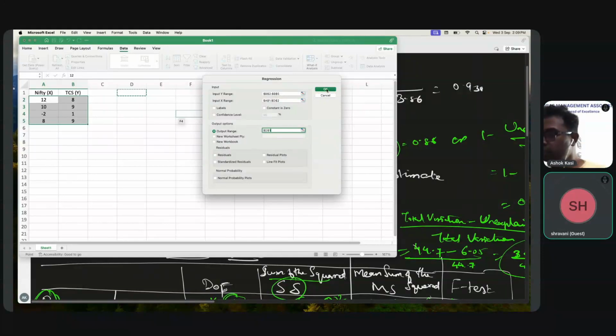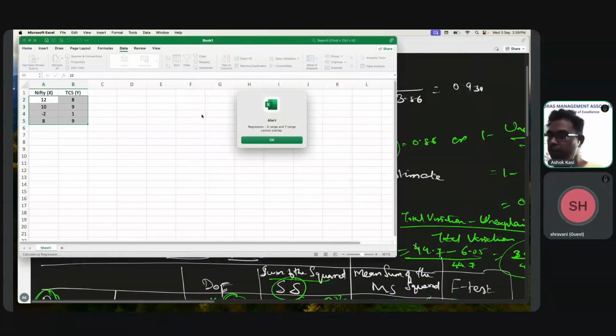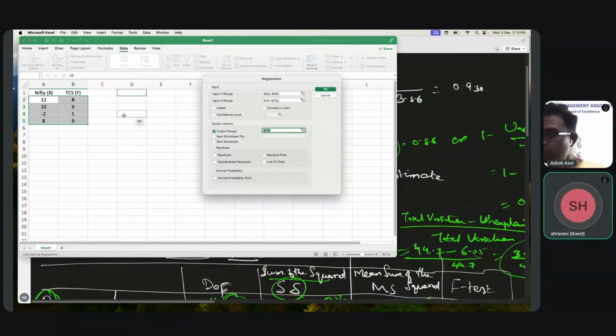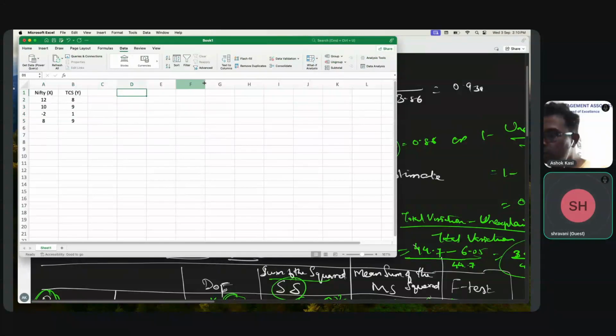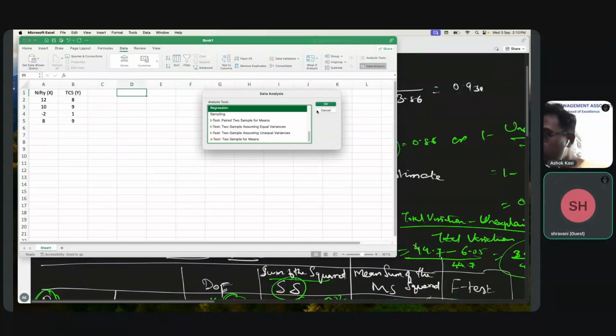Selected this, so that's it. This is regression.